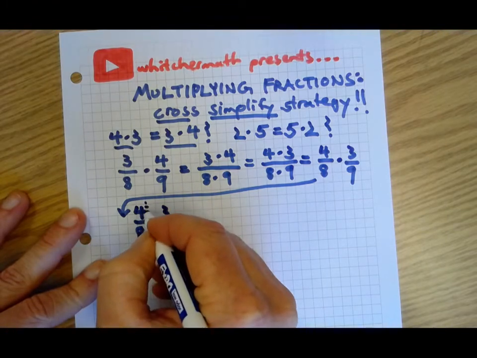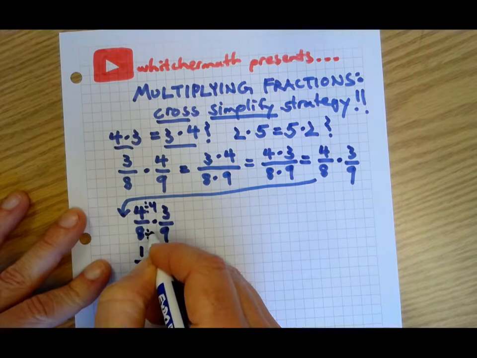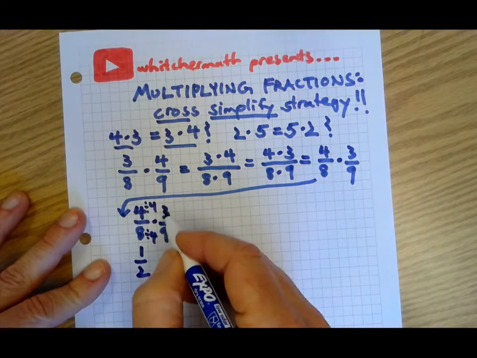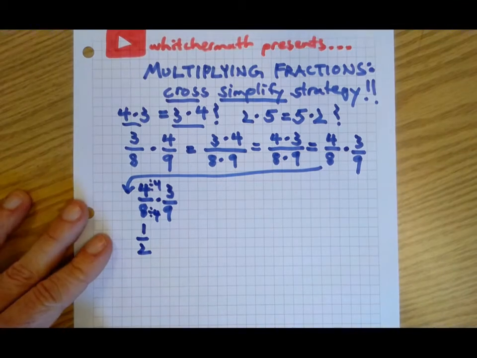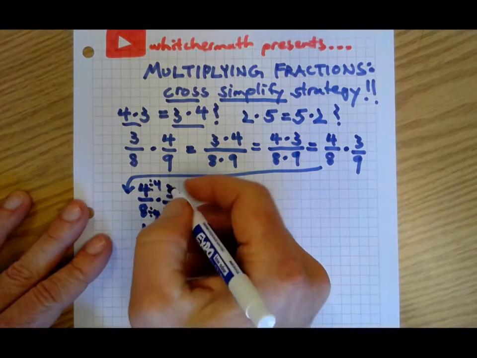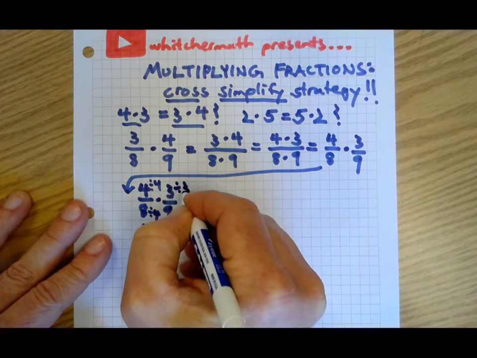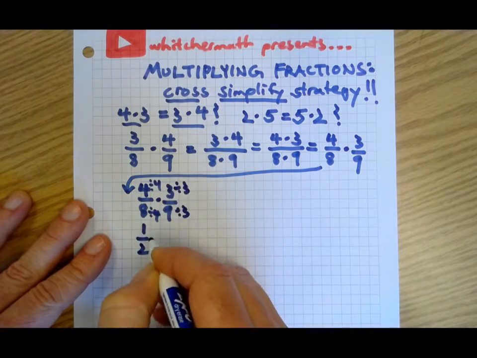Divide top and bottom by 4. 1/2. What can we do with the 3/9? Can we simplify that? And of course, yes, we can. Top and bottom divided by 3 gives us 1/3.